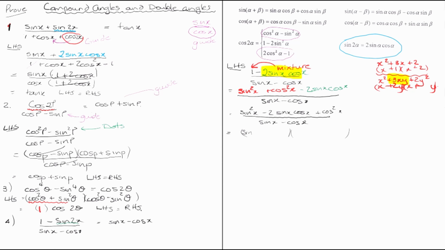Sine x, the beginning of each, cos x at the back of each, and to add up to negative 2 needs a negative and a negative. Right on sine x minus cos x. And that sine x minus cos x cancels with one of those, and you are left with sine x minus cos x. Left hand side equals right hand side.